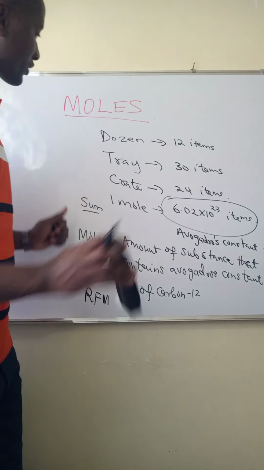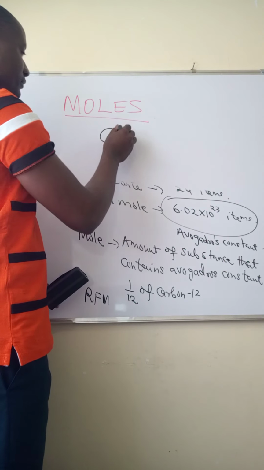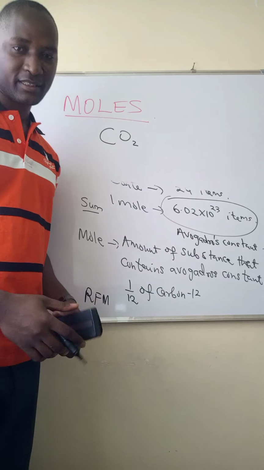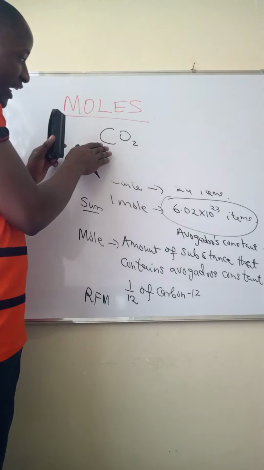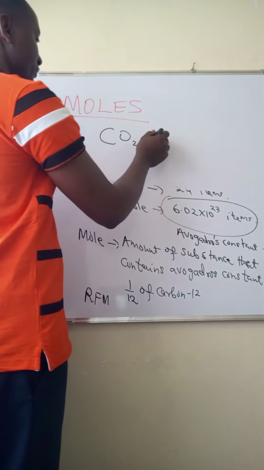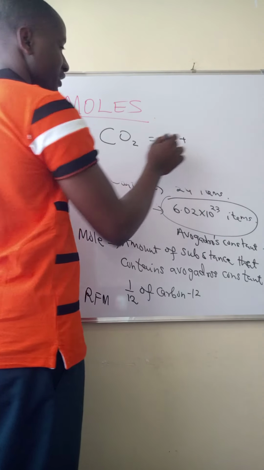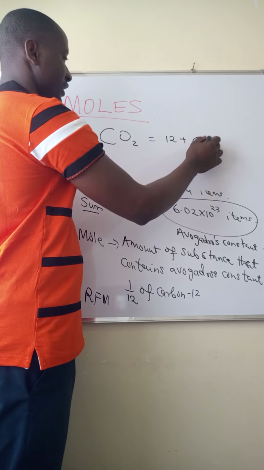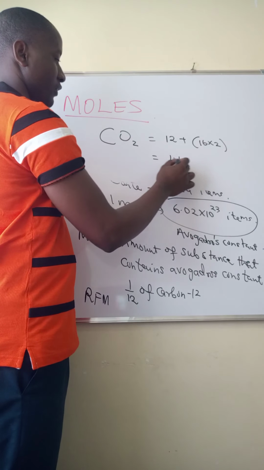So for example, if I give you the compound carbon dioxide, we can find its relative formula mass by simply adding the mass of the atoms that are in it. Carbon is always having atomic mass of 12 and oxygen is 16, but here there are 2 oxygen atoms. So you'll take 16 times 2. If you do this, you will get 44.